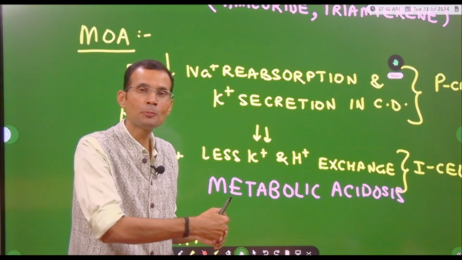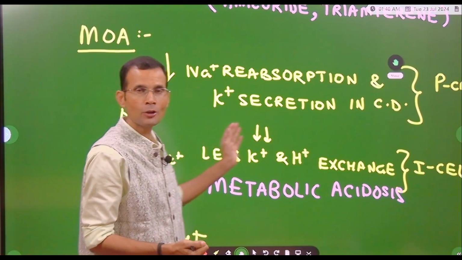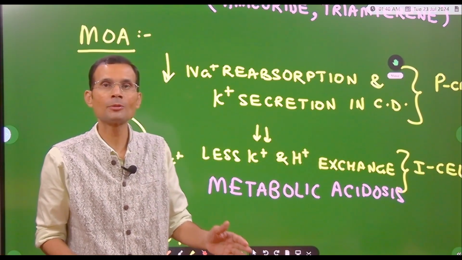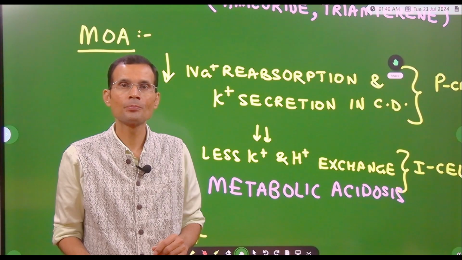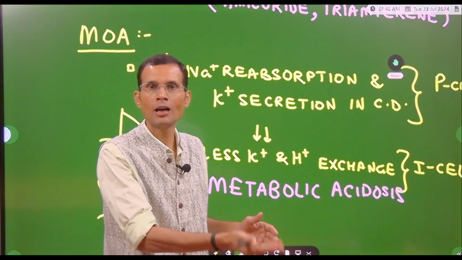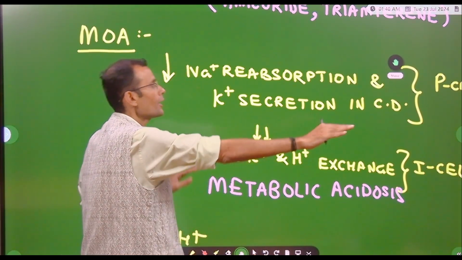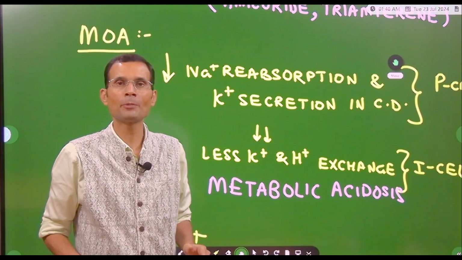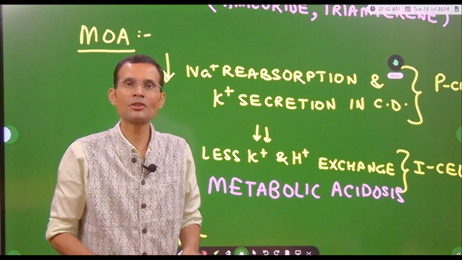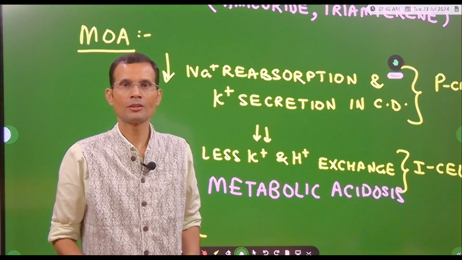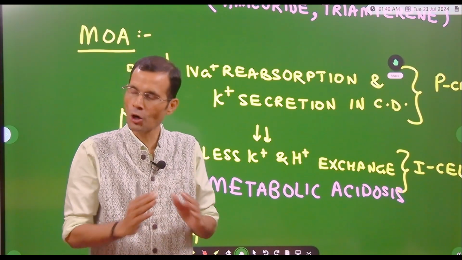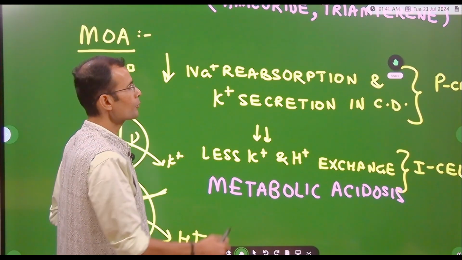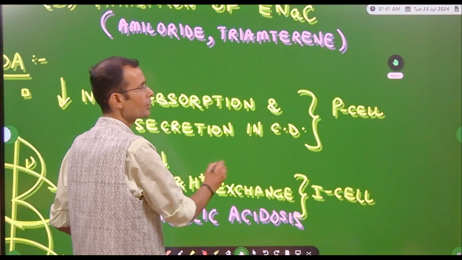That potential is pulling the potassium out via ROMK channels, and that potassium is getting lost into the urine. That was the basis for hypokalemia. Now that is not happening. That means potassium loss is not going to happen. That means potassium is spared from being lost. And that's the basis why we call it potassium sparing diuretics.